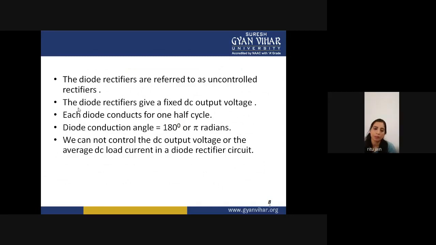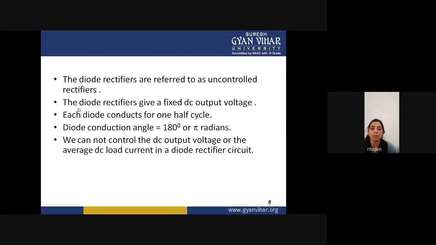If you are using a single diode, you can only convert the positive half cycle of the AC voltage into DC voltage. If you are using two diodes in anti-parallel, then you can convert both the positive and negative half cycles of the AC input voltage into DC voltage. So the diode conduction angle is 180 degrees.